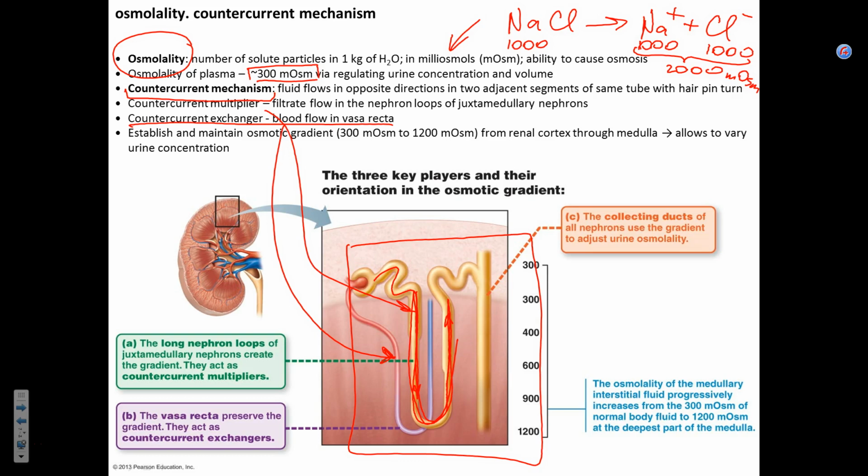This system, countercurrent mechanism system, allows kidneys to maintain what is called the osmotic gradient from cortex to medulla. If you look at the schematics at the bottom, you will notice that osmolality of extracellular fluid in the cortex and at the border between cortex and medulla, right here, is 300 milliosmoles.